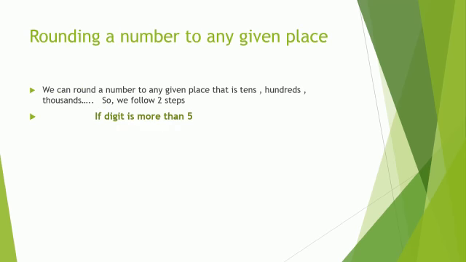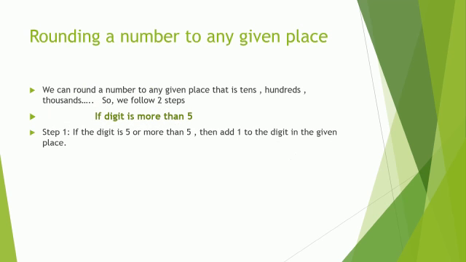First, here digit means the given digit. If the digit is 5 or more than 5, then add 1 to the digit in the given place. Step 2: change all the digits to the right of the given place to 0.